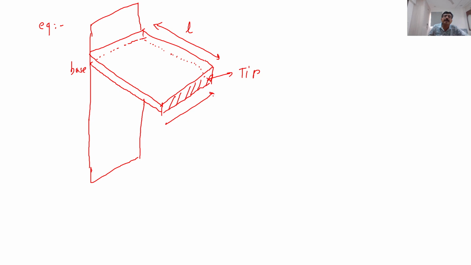Let's assume this dimension is width W, and let's assume this is nothing but thickness T. So in this case, what is the area? That is the cross-sectional area. It is W into T. That is also called the tip area. And what is the perimeter along the cross section? W plus T into 2. So this is very important, students, to understand.